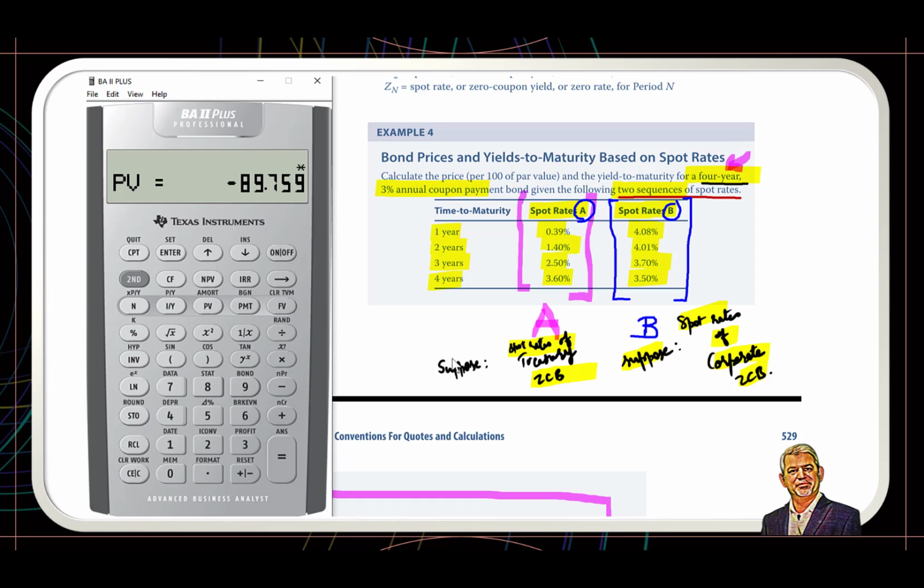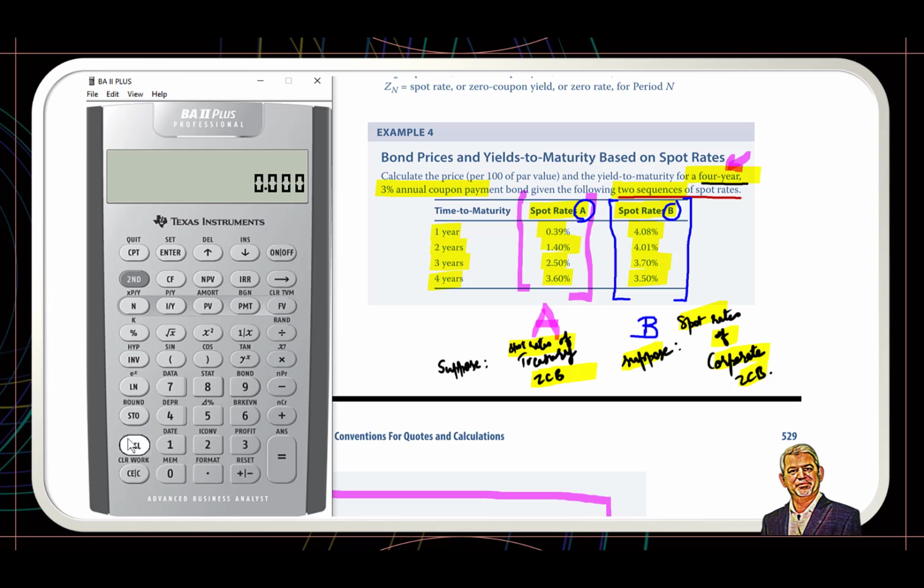Compute present value, it comes out to be 89.759. So this way we have obtained all the present values for all 4 cash flows, and this one we have to store yet, make it positive and store it in the 8th memory slot.